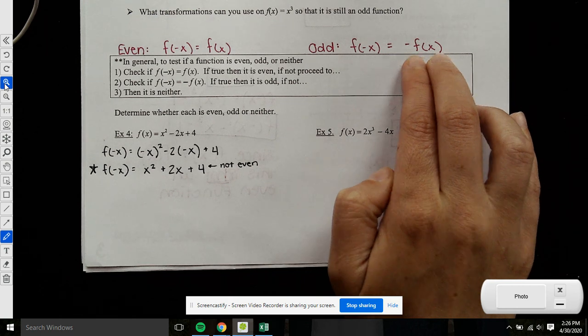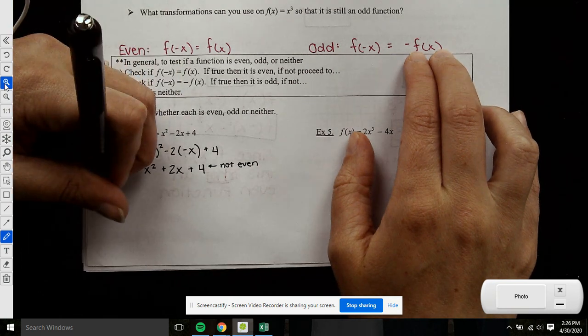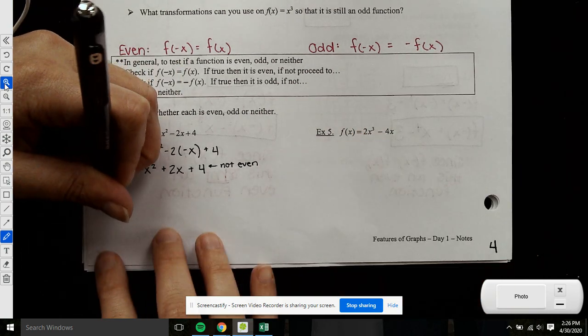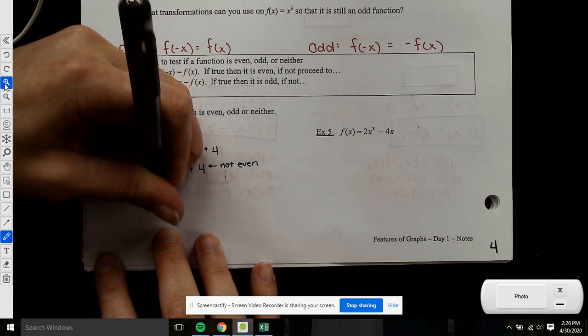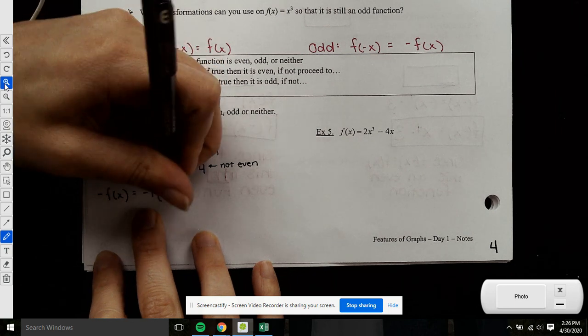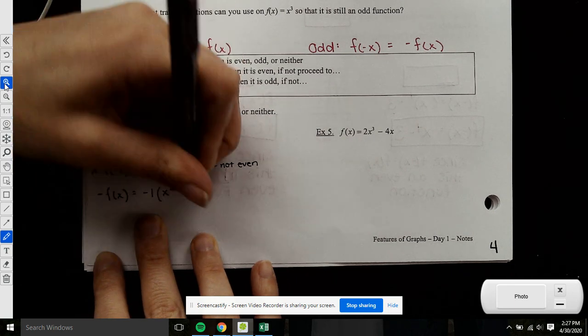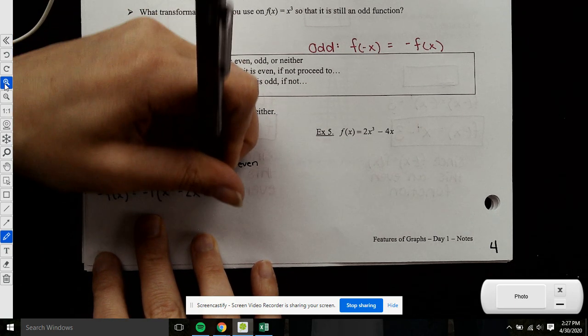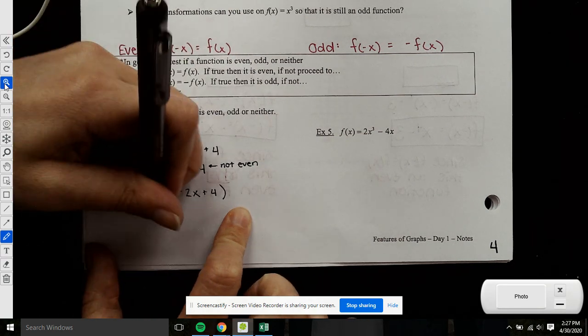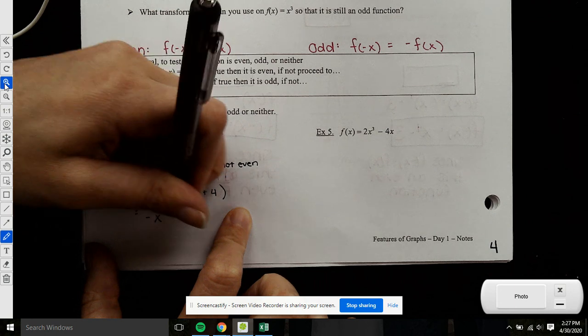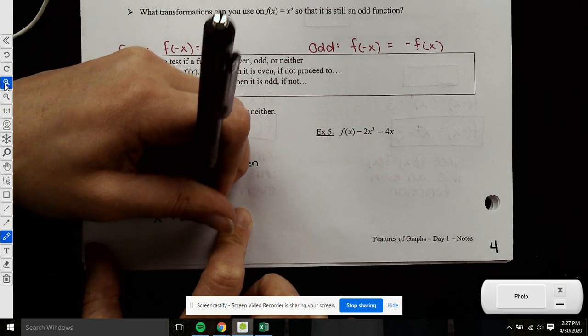Negative f of x means I'm multiplying f of x by a negative 1. So I have negative 1 times x squared minus 2x plus 4. Now if I multiply that through, I get negative x squared plus 2x minus 4.